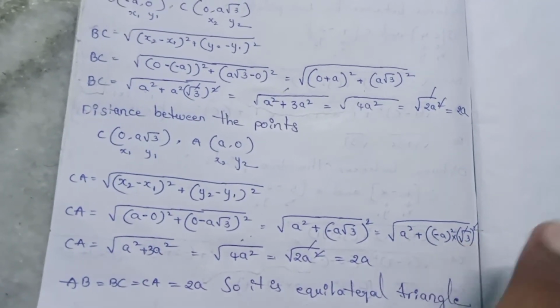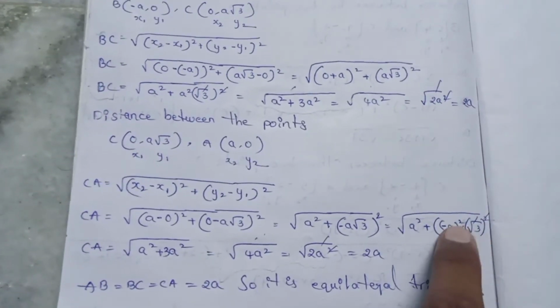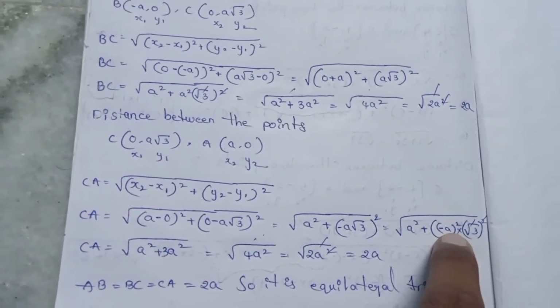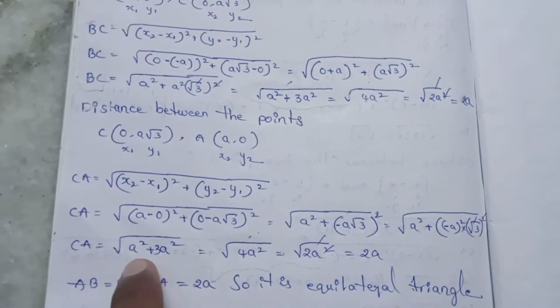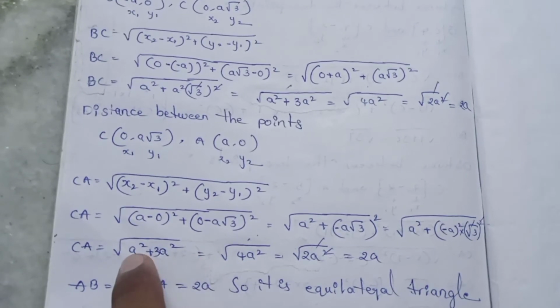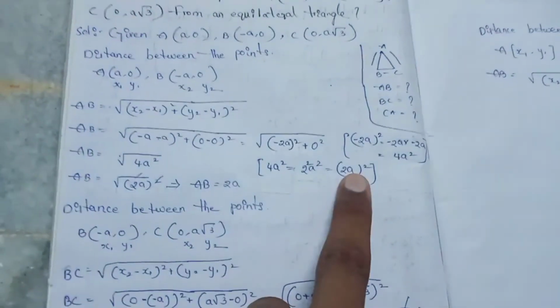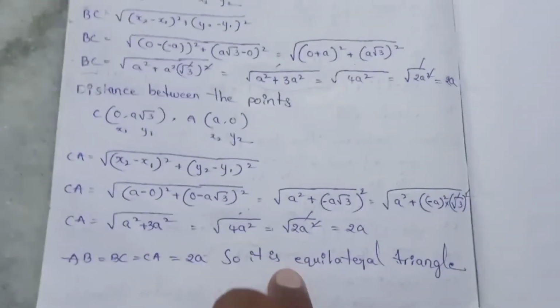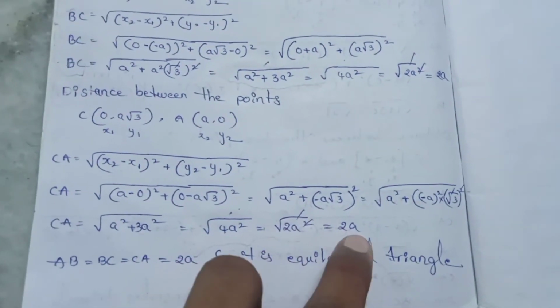Again 3 is there, 3A square. Minus A whole square is nothing but A square, and 3 is remaining, 3 into A square, 3A square. A square plus 3A square is 4A square, which can be written as 2A whole square. The square root cancels. What remains is 2A.